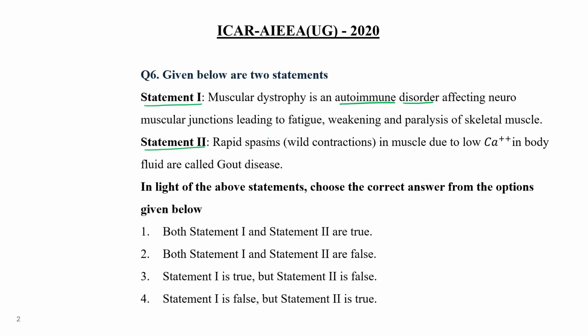Statement number 2: rapid spasm, meaning wild contractions in muscle due to low calcium in the body fluid, is called gout disease. So just take your time, and after 5 to 10 seconds we will discuss the correct answer.